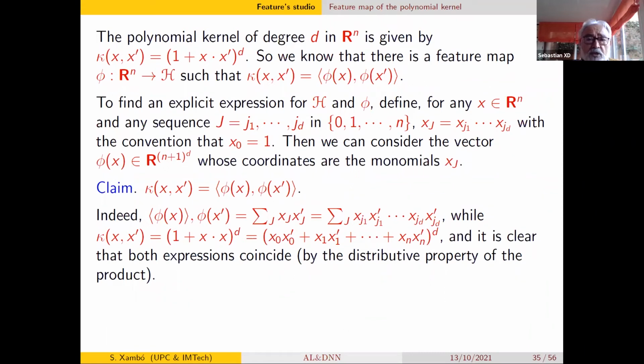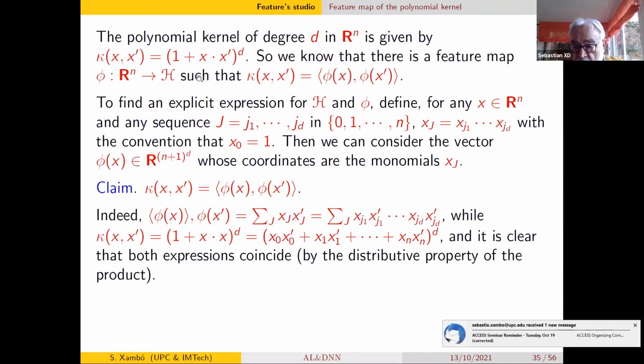Now, let's turn to what is the feature map of the polynomial kernel. Remember that the polynomial kernel was a power d of an expression that had a constant plus the inner product, or the dot product, of x times x prime. Well, here it is, kappa of x, x prime is (1 plus x dot x prime) to the d.